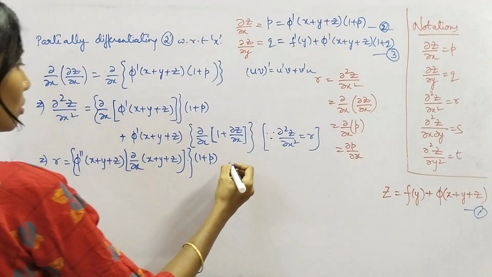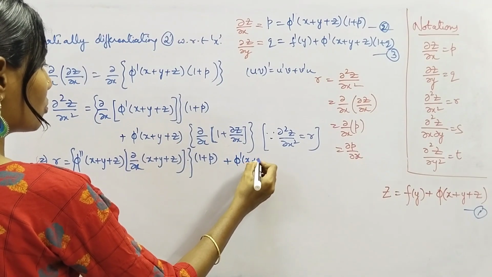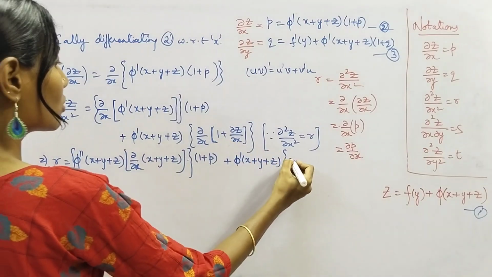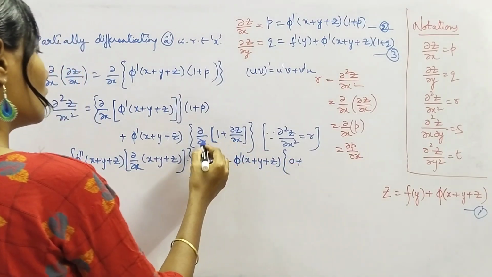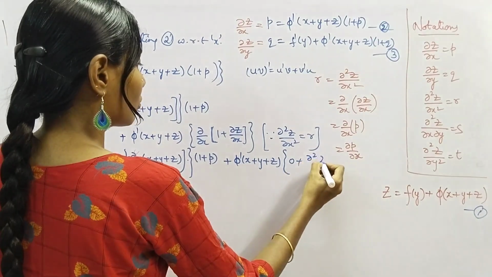Okay, plus phi dash of x plus y plus z into partial derivative of 1 with respect to x is 0 plus dou by dou x of dou z by dou x is dou square z by dou x square.